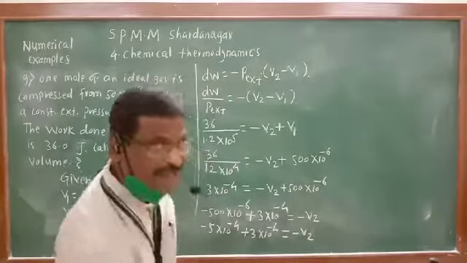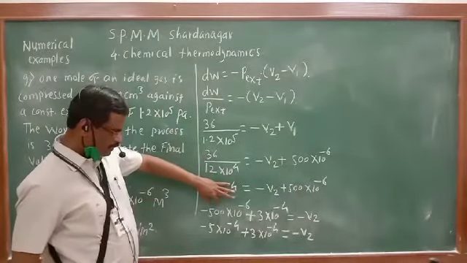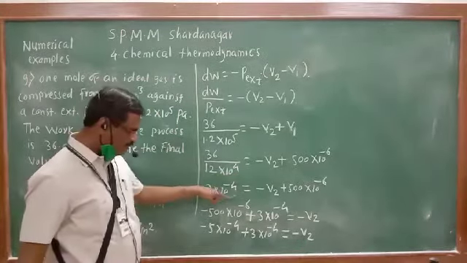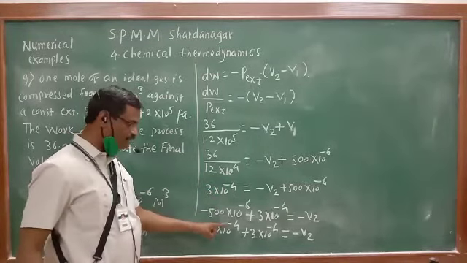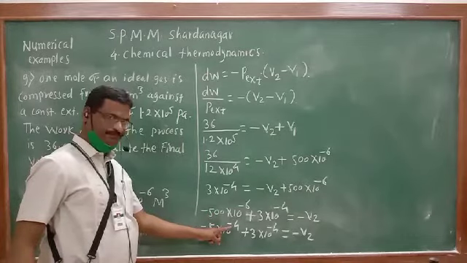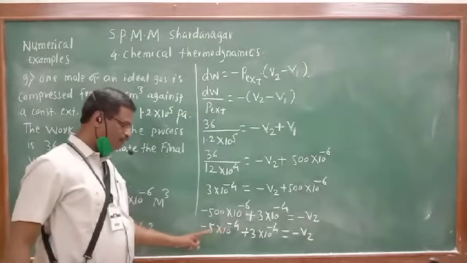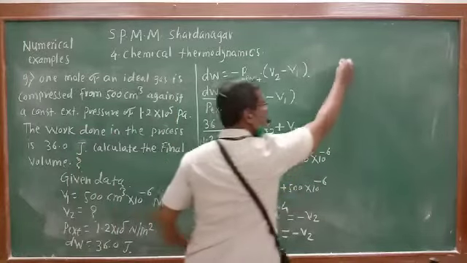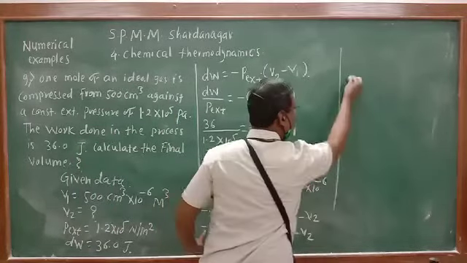See, this part is important. 500 into 10 raised to minus 6, I have written as 5 into 10 raised to minus 4. 2 decimal on the left side, so minus 4. Now minus 5 and plus 3, what is that answer?